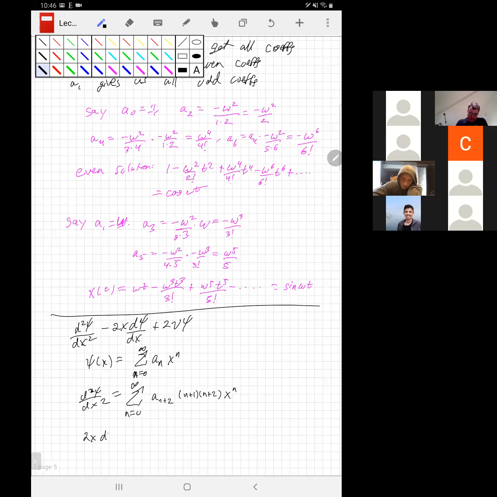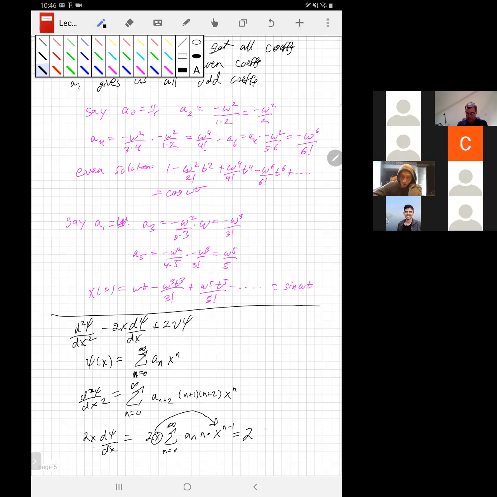But 2x d psi dx, you may be thinking we have to do a shift, but just hear me out. Just watch what happens here. We're going to have 2x times the sum from n equals 0 to infinity of a sub n times n x to the n minus 1. All right. Looks like we're going to have to do some sort of shift, redefine some other variable that's equal to n minus 1, except that we've got this x out here, which I can multiply in there.